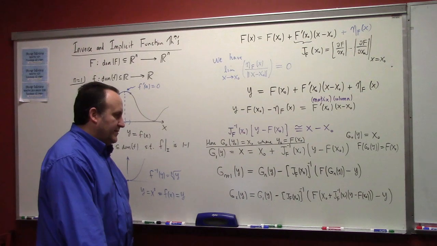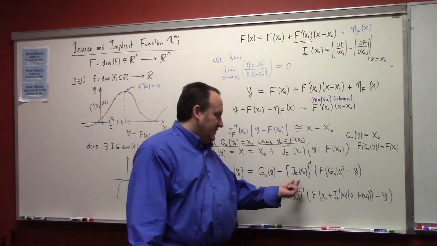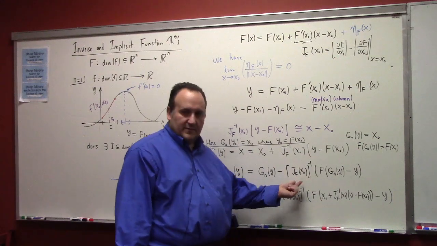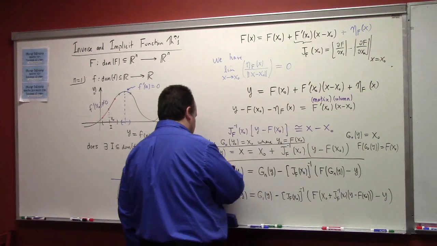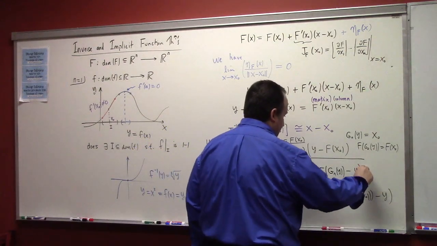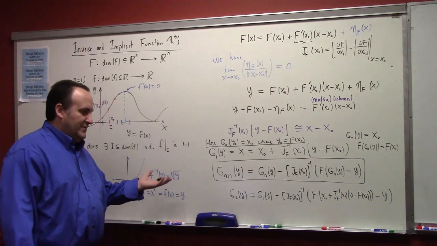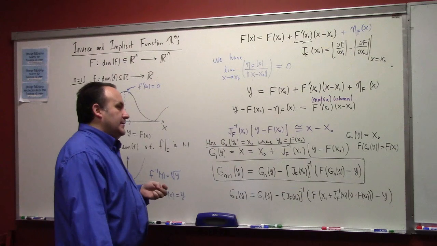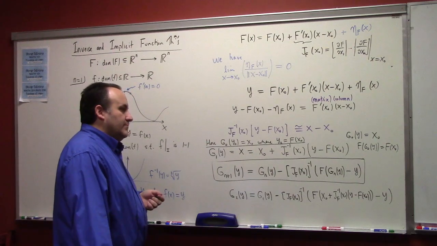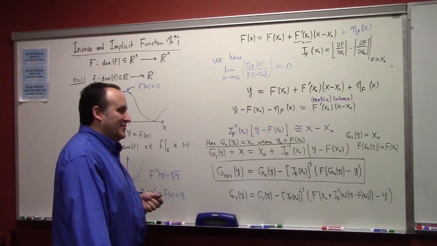But yeah, the theorem is that given the invertibility and the continuous differentiability of f, then this recursively defined sequence of functions I'm defining right here converges. I think I'm now remembering where I have to talk about the function norm.